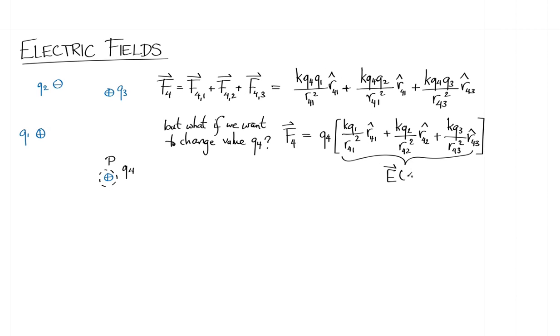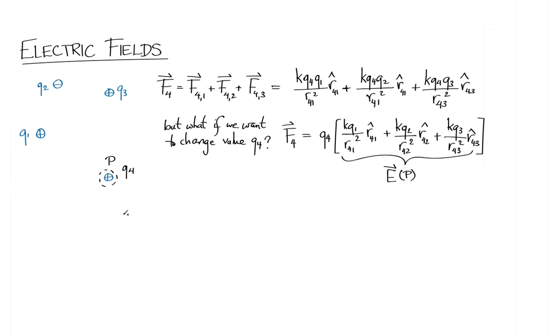Okay, and this is the electric field at point P because Q4 happens to be at P, but maybe we'll decide to change Q4 with some other charge. So I'm not going to call this E at 4. I'll call it E at P because it's really associated with that particular position in space. It's not really associated with that particular charge anymore, right? Because we're writing it in such a way that if we swap Q4 out with some other value, we always get the force for that charge that we've swapped out.